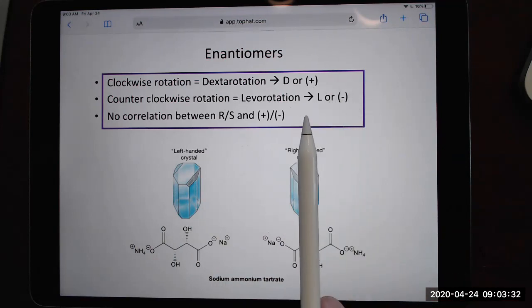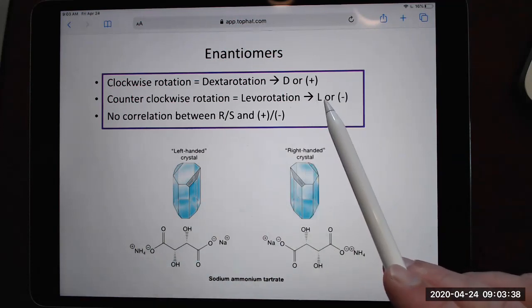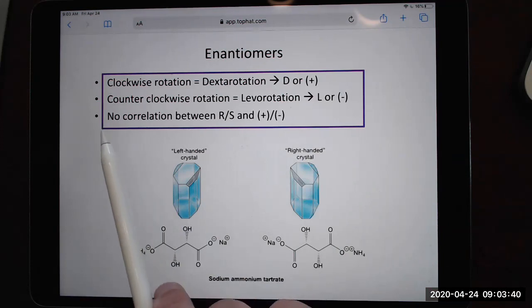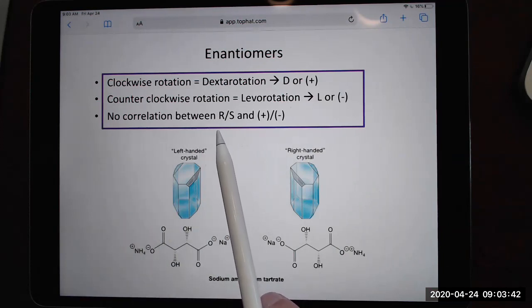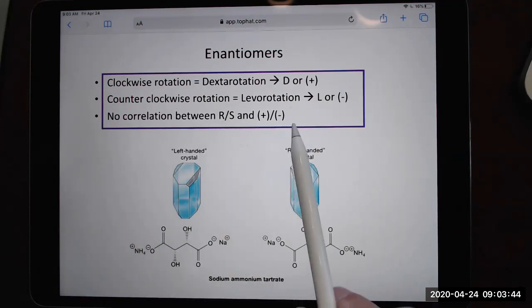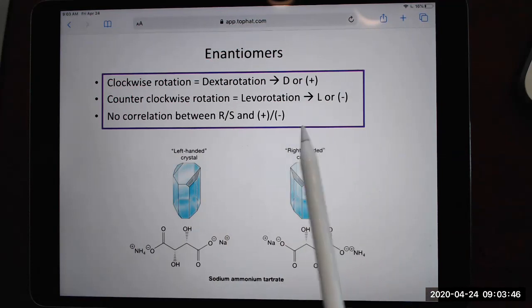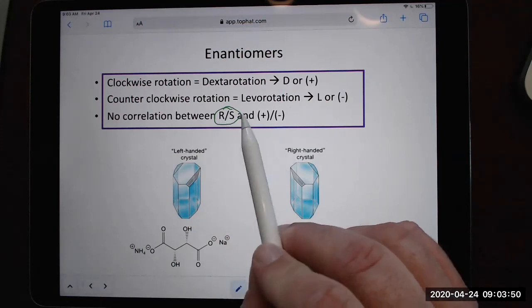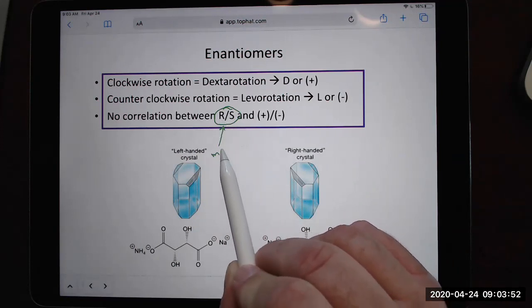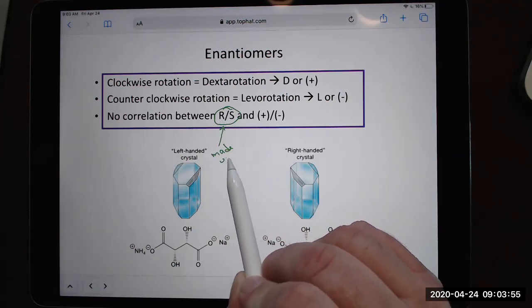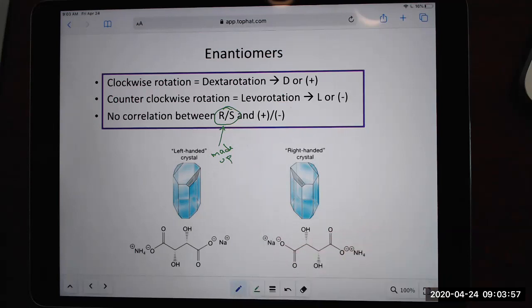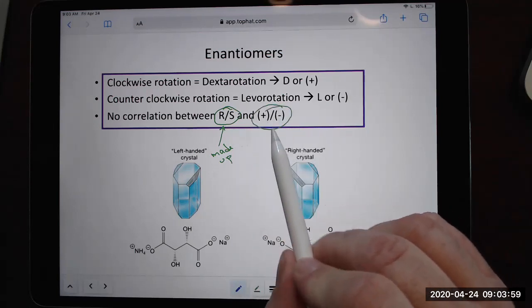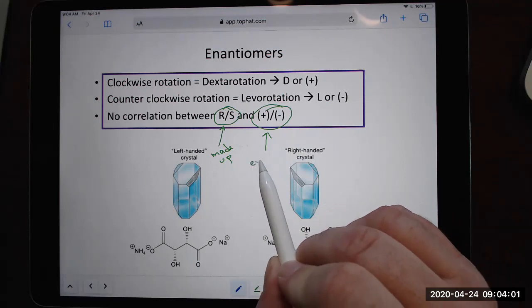If it rotates counterclockwise, we give that the L configuration. There's no correlation between R and S and either plus or minus, D or L. This is sort of a made-up convention, made up so that everybody talks about the same thing. This is experimental.